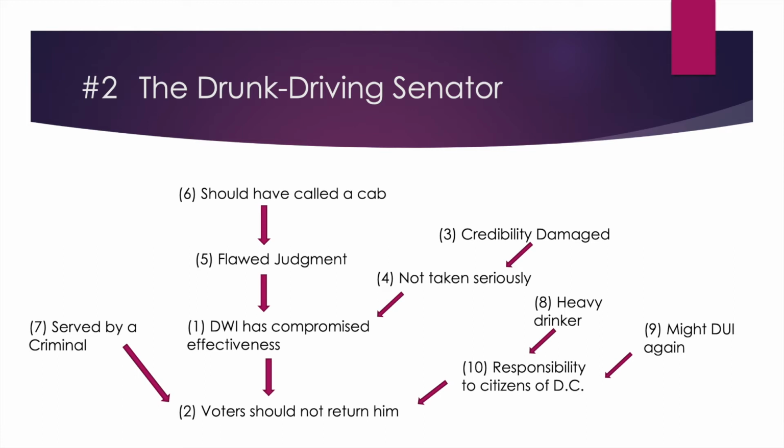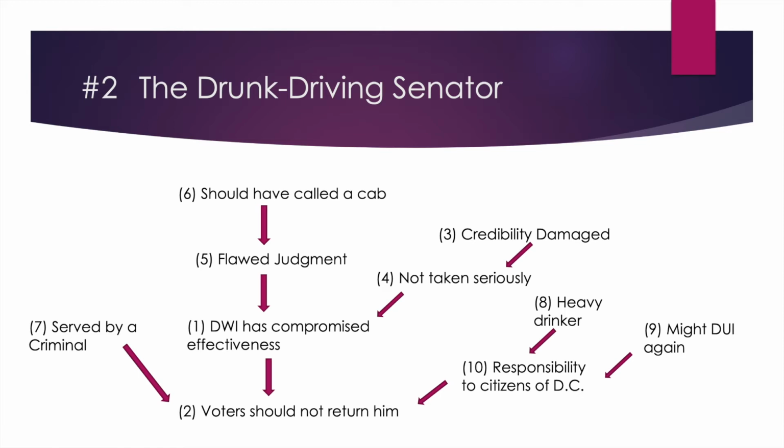And we can look at the different lines of argument that get us to that conclusion, right? So we have, first of all, the major subclaim, that driving while intoxicated has compromised the senator's effectiveness. What's the evidence that he has now compromised effectiveness? If he has had compromised effectiveness, obviously that's a reason the voters should not return him.